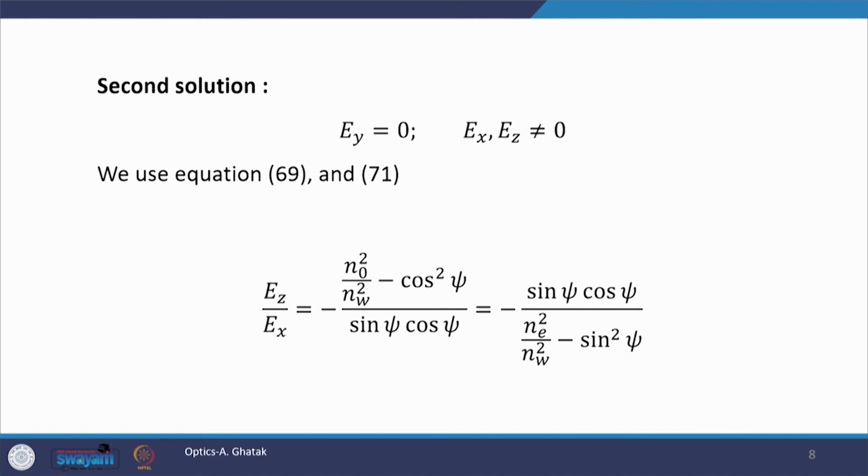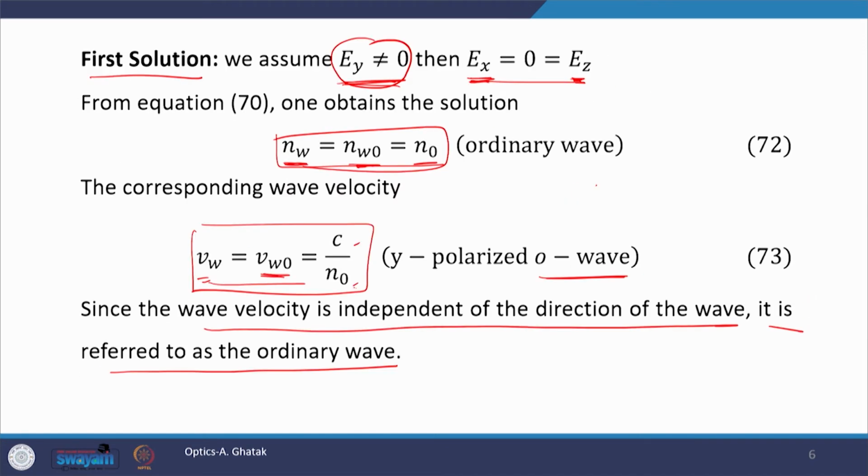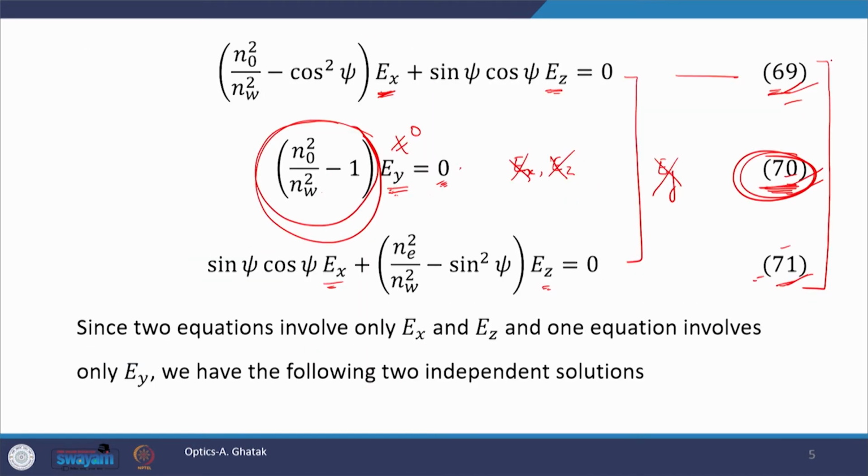Now, this was all about the first solution where E_y is not equal to 0 while the other two components were 0. Now, let us pick the second solution which says that E_y is equal to 0 while E_x and E_z are not equal to 0. So, let us go back to the three component equations. Now, since E_y is equal to 0, this term will not be equal to 0 while E_x and E_z are not equal to 0.